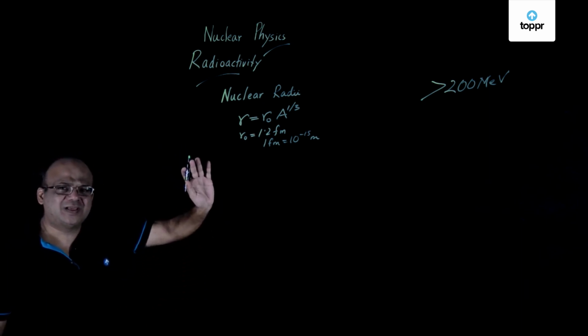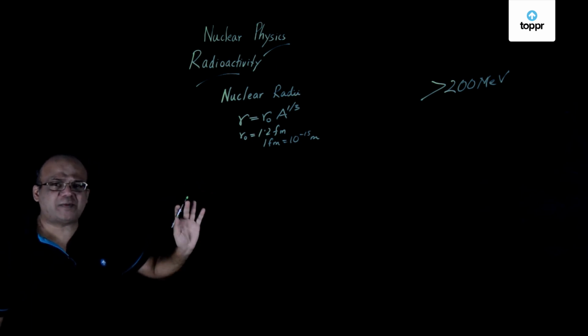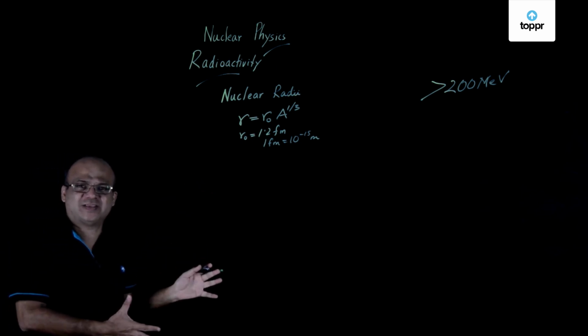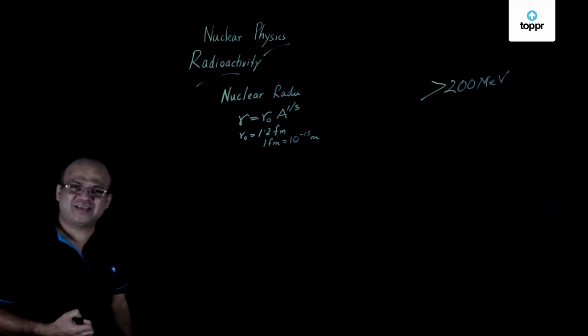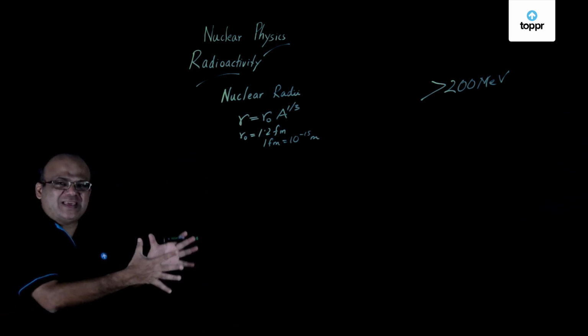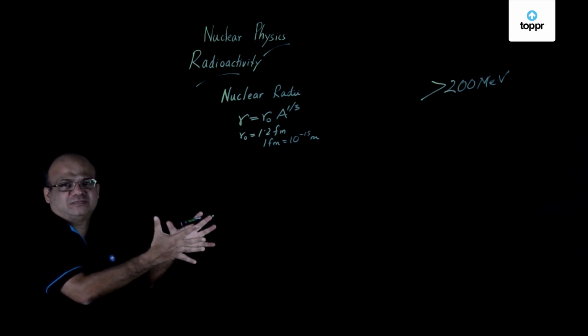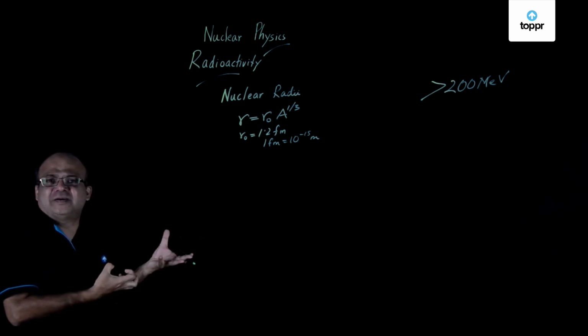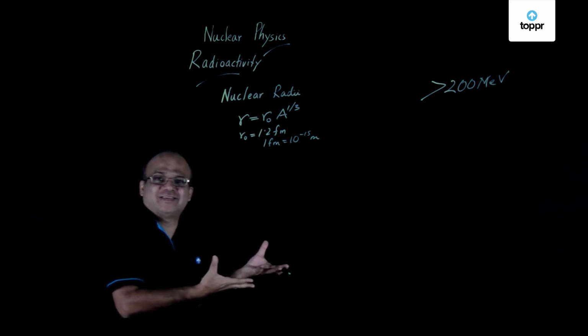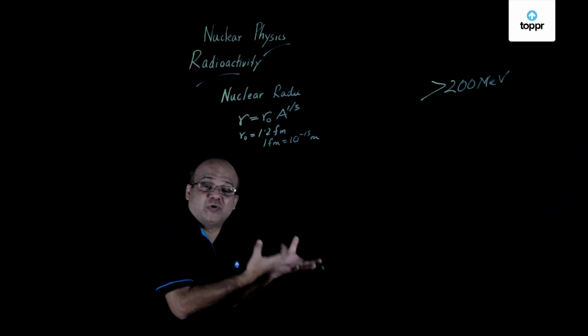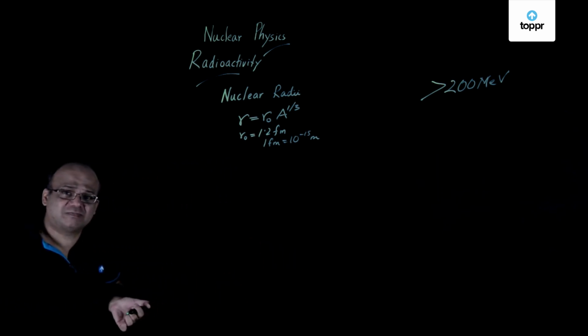Now, this formula is not applicable for halo nuclides. Halo nuclides were discovered in the late 1980s and they have too many extra neutrons, like lithium 11. Lithium 11 has 8 neutrons and only 3 protons.